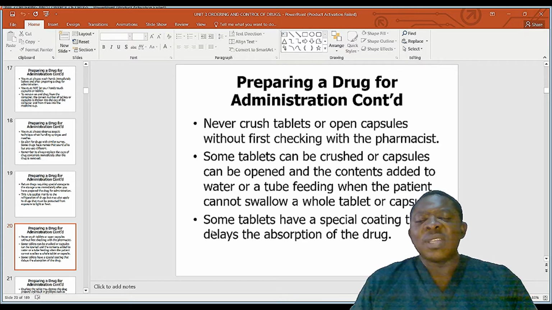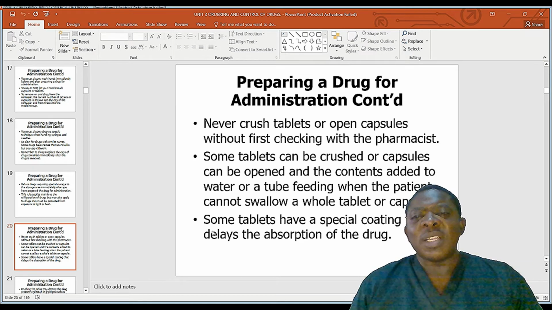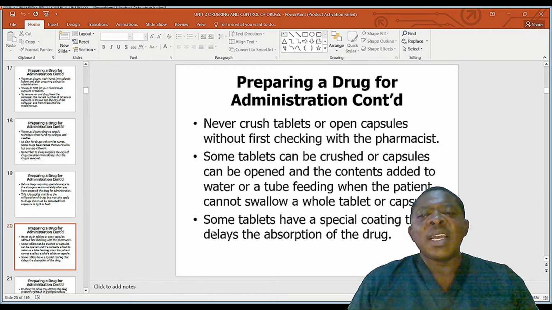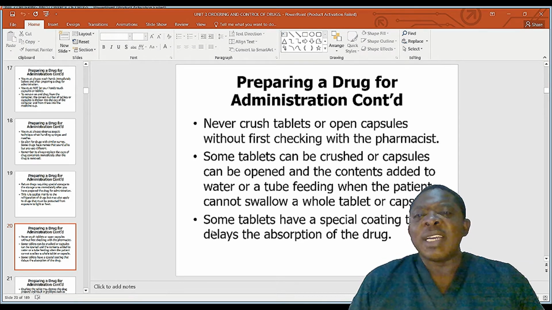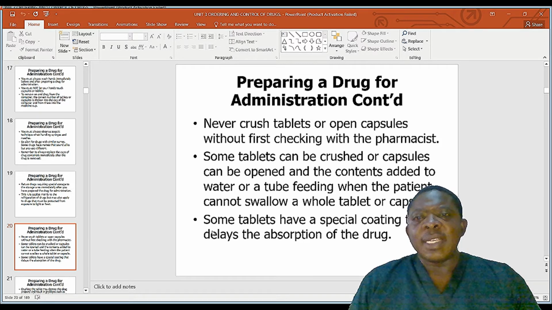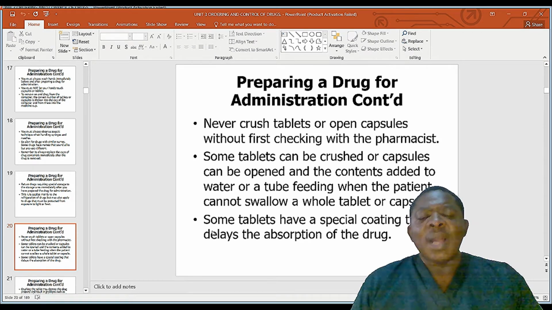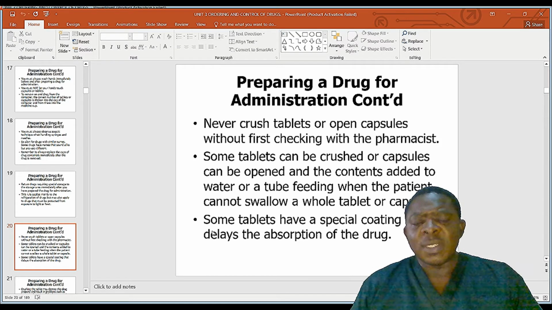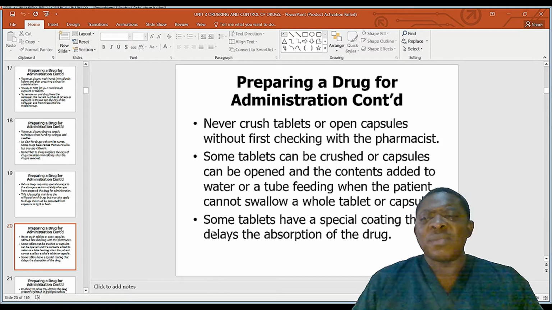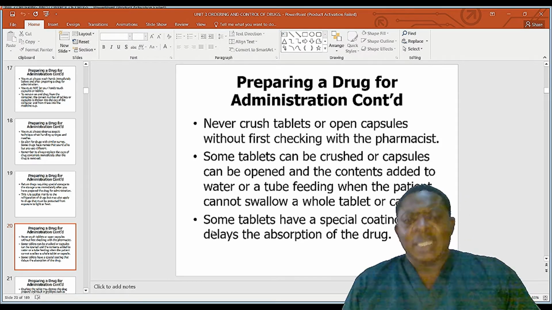There are reasons why those drugs that you can cut in half or in quarter have those lines. Others are too strong, such that you cannot even divide them. If you try to divide them, part of the drug might be lost. So it's important you check with the pharmacist when such a situation arises.